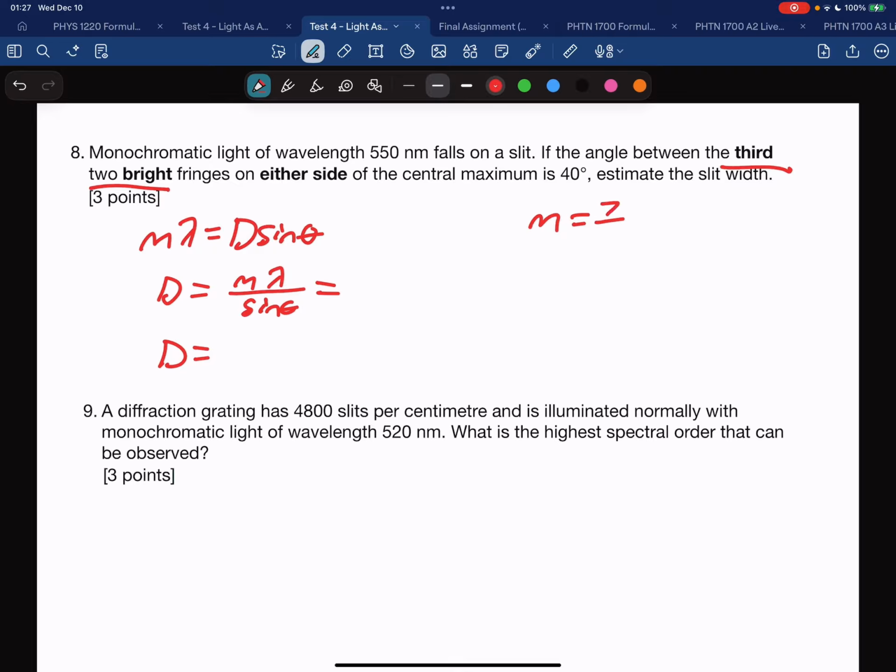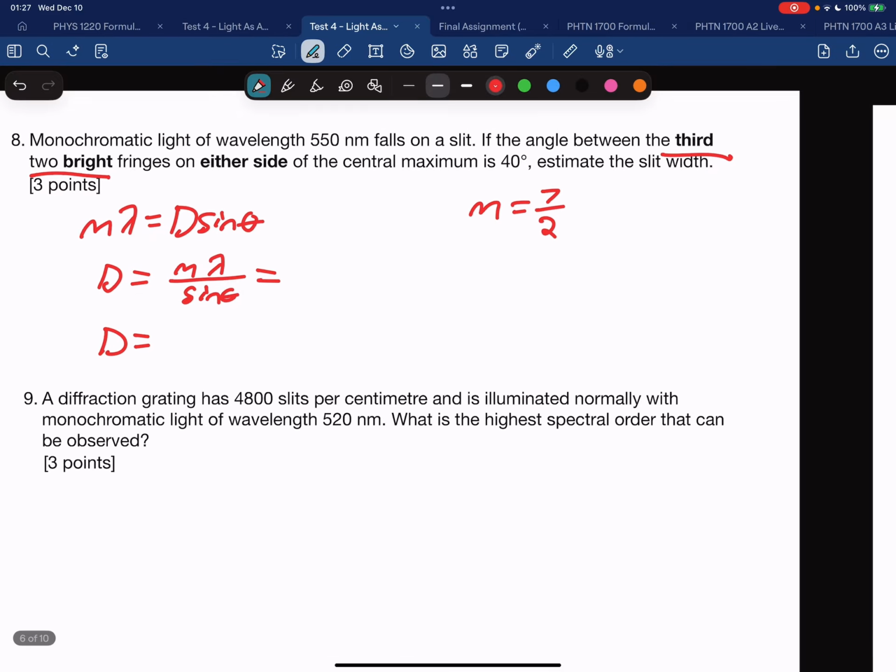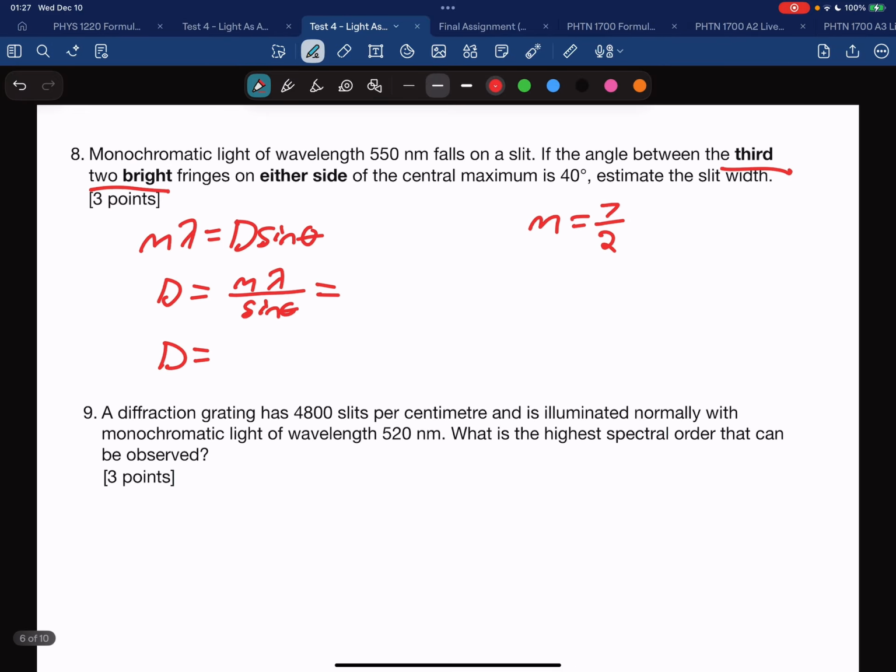So this is going to be m equals 7 over 2, and that is what we will be using here. Basically, just pick that value off the formula sheet. And wavelength, don't need to touch that. That's already in nanometers. We're fine there. We'll just make sure to convert that to meters when we plug in.